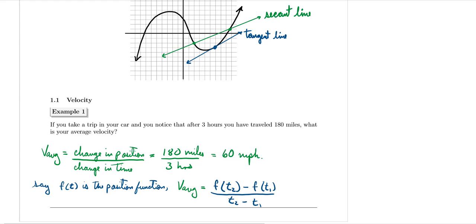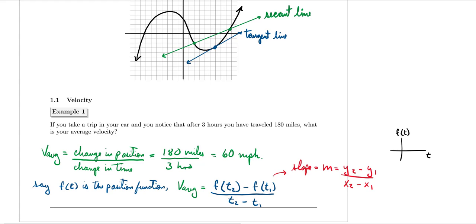Now this formula might look a little bit familiar, because this is actually just the formula for the slope. It is the normal formula for a slope that we've seen before. Because again, remember the slope was the change in the y values. So in this case, it's a change in the position function. Just call this one here y2 minus y1 over the change in the x's, x2 minus x1. So if we picture a graph here, detailing the position, then on the x-axis it's the time, and on the y-axis it is the position given by f of t.